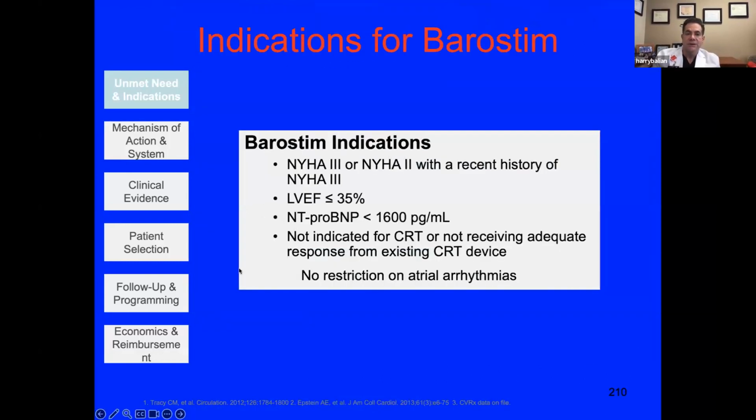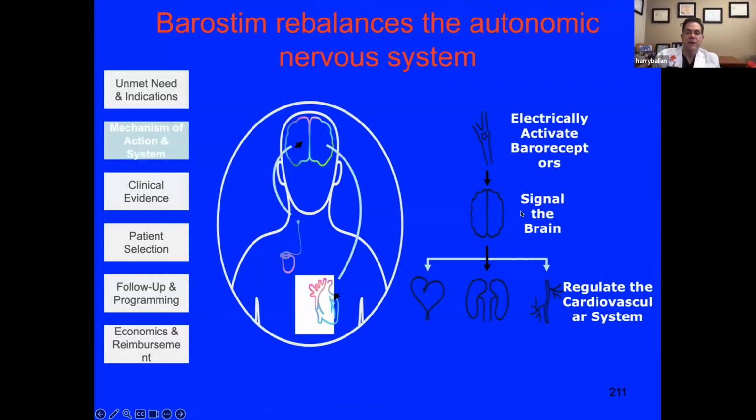So Barostim indications: NYHA class 3, or a recent history of NYHA class 3, EF less than 35%, BNP less than 1600, not indicated for CRT or not receiving adequate response from an existing CRT device. The electrode is placed in the carotid bulb. A little incision is made by vascular surgery, and a lead is tunneled in.